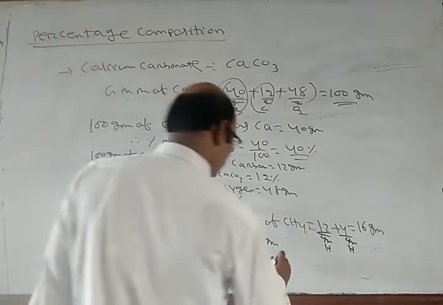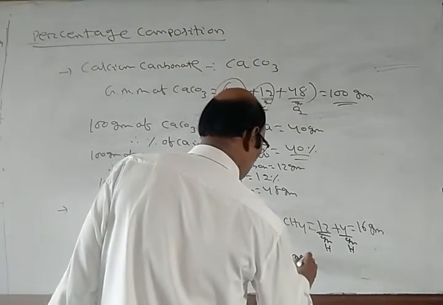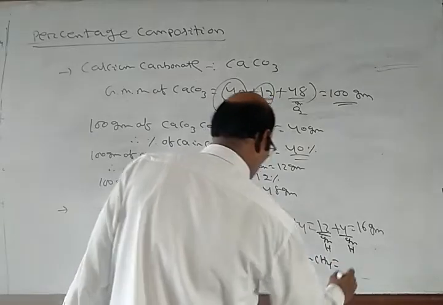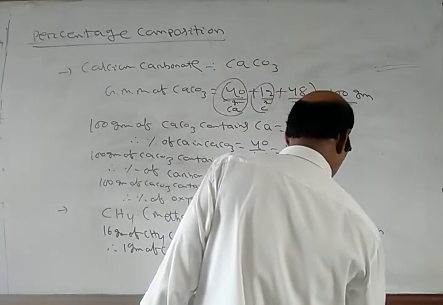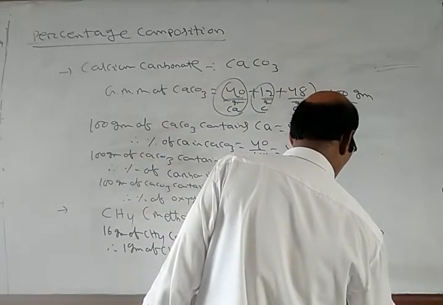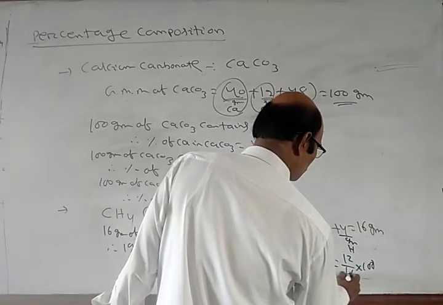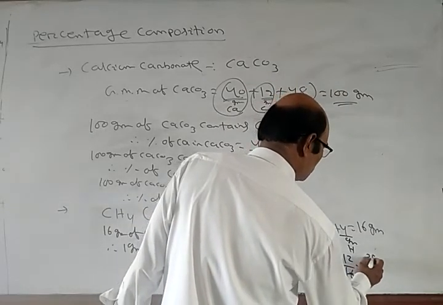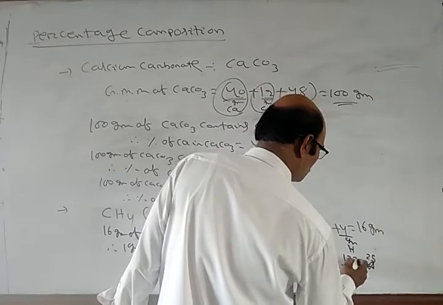Okay. Therefore, 100 gram of methane equal what? 12 by 16 into 100. Okay. Equal what?